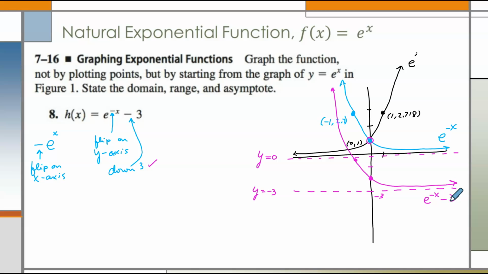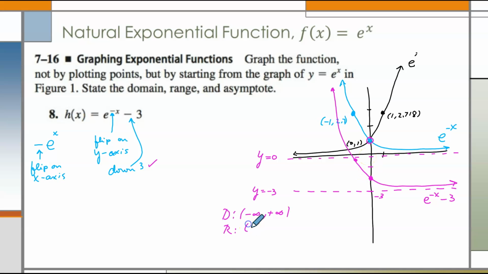And there's our graph. As for domain, automatic, what's the domain? Negative to positive infinity. As for range, transformations were involved, so we have to pay attention to our range. y doesn't ever equal or cross this -3 asymptote, but does get larger from there.